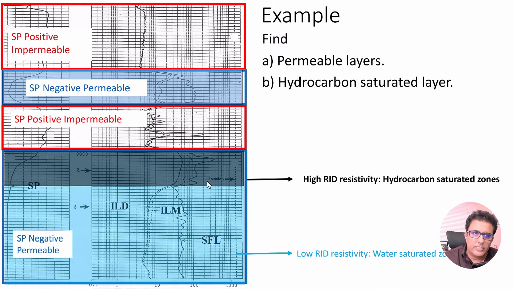As you see, by looking at the SP log data, I was able to identify permeable and impermeable layers. And by looking at resistivity data, I was able to identify hydrocarbon saturated zone. But here I want to mention something, that resistivity data can also provide us with some information about the state of permeability of layers.